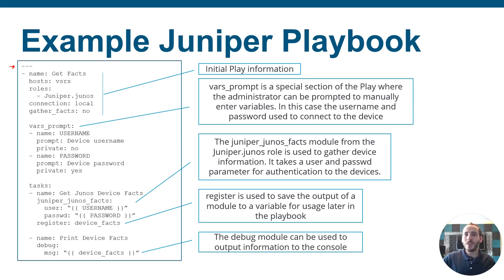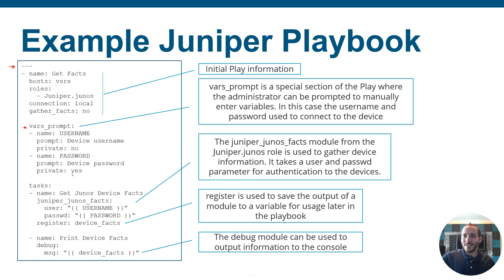So then we have our section here of our vars prompt. This is a special section of the play where we can prompt the user to manually enter some variables. In this case, we're storing our username variable and our password variable.